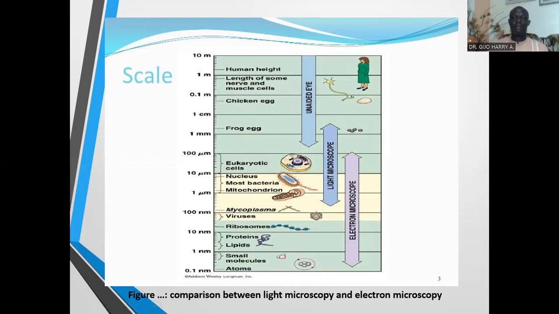The electron microscope allows viewing of viruses as well as some other very important cellular organelles that cannot be seen with a light microscope, such as the ribosomes, the proteins, lipids, small macromolecules, and even atoms. So the electron microscope has higher resolution and higher magnification than the light microscope.